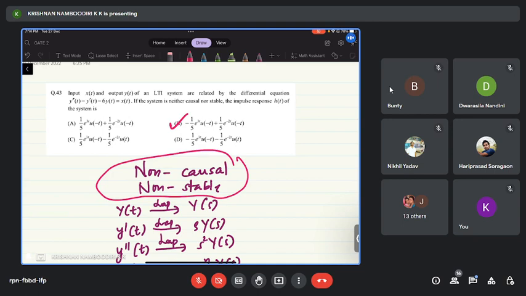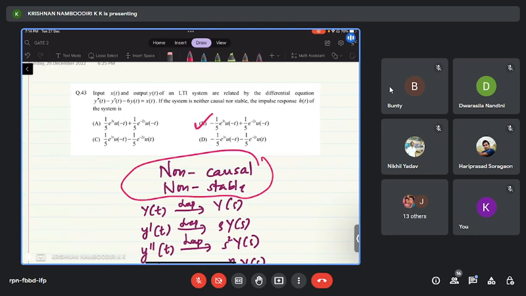Causality means, as I told previously, the impulse response will have non-zero value only if t is greater than or equal to 0. So non-causal means it can have non-zero values even when t is less than 0. So you need to apply those conditions properly. Okay, that's all about this Laplace transform.